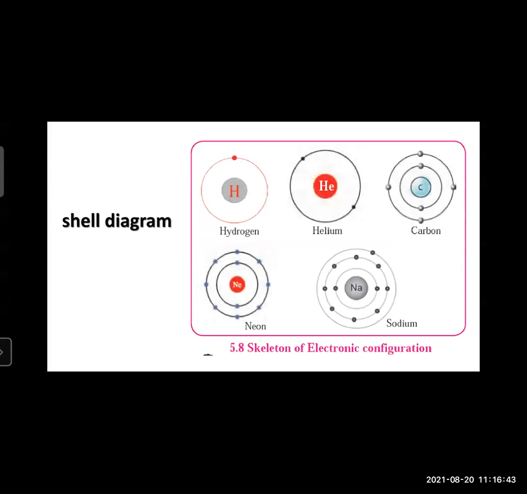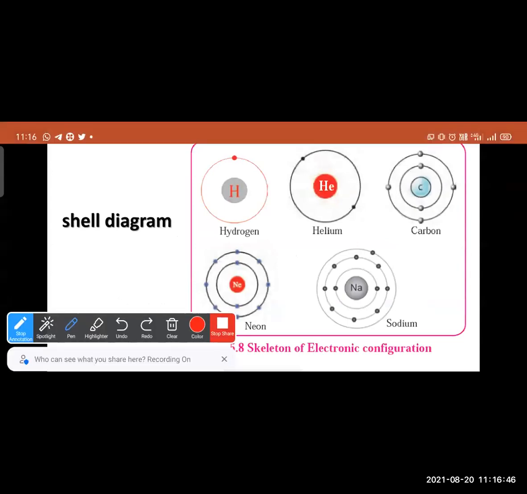Here is the shell diagram of a hydrogen atom. The nucleus is there, and the first orbit will have 1 electron. In case of helium, the first orbit will have 2 electrons, and the 2 electrons are shown here. In case of carbon, the first orbit will have 2 electrons and the second orbit will have 4 electrons.